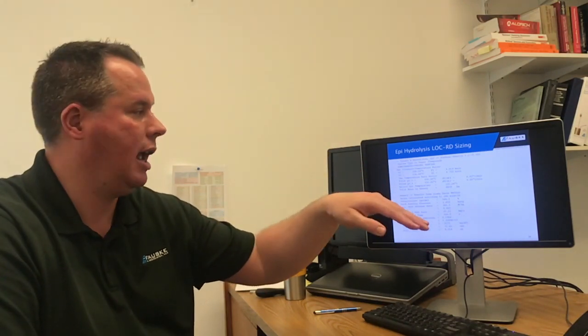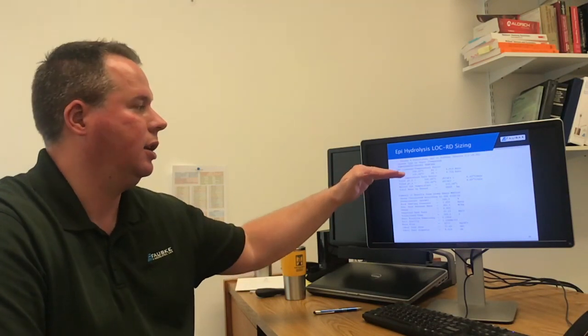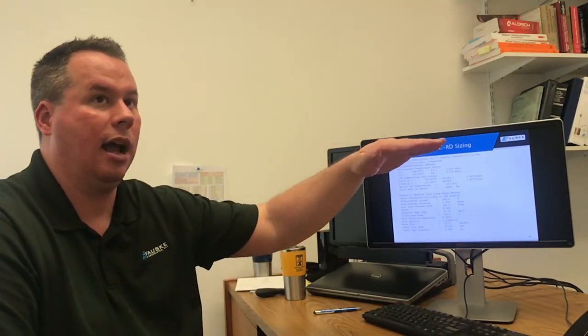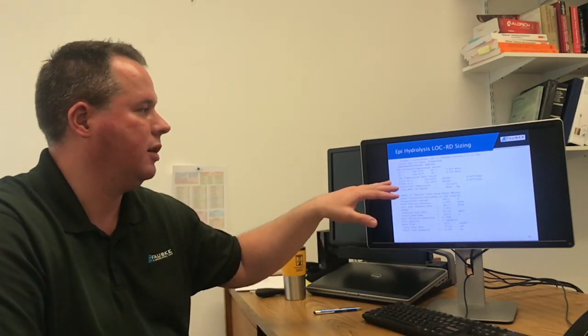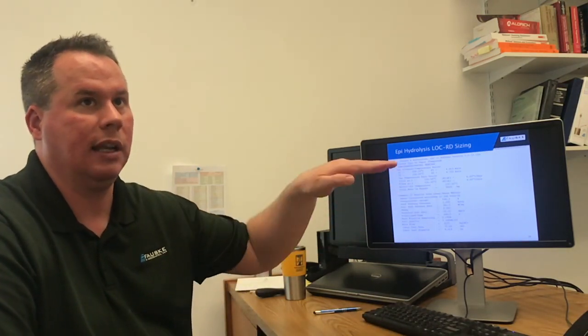So even though we saw it decay over time or as temperature increased, it's conservative to assume that it's going to stay constant and not go down. So we're telling the system that the temperature rate is going to stay the same, even though we've seen it go down as we continue adding the epi.